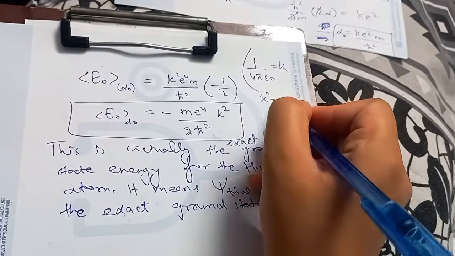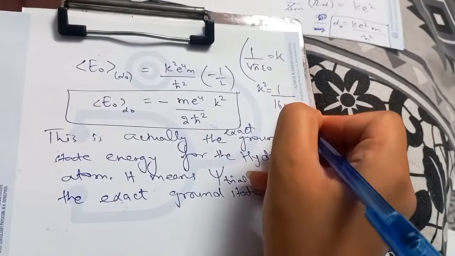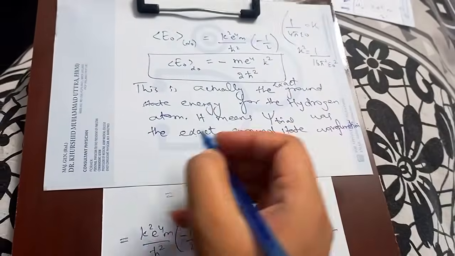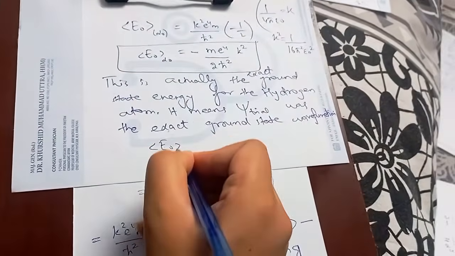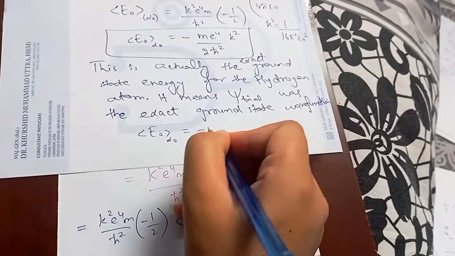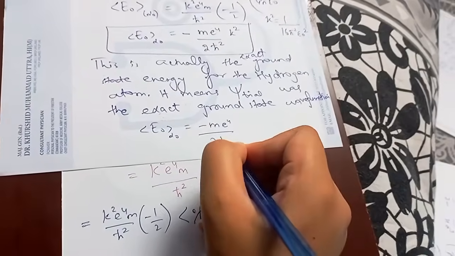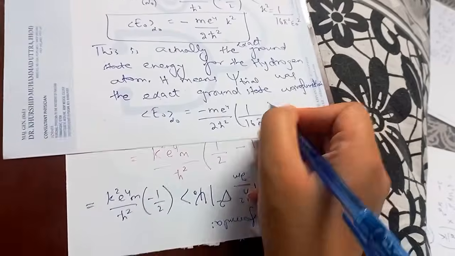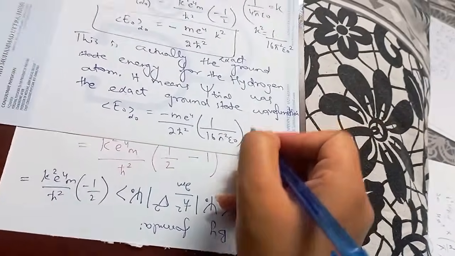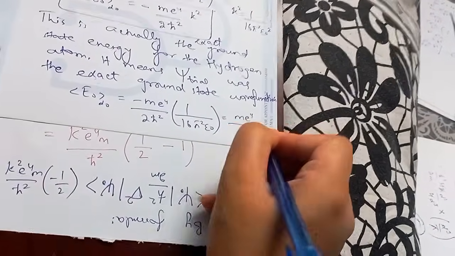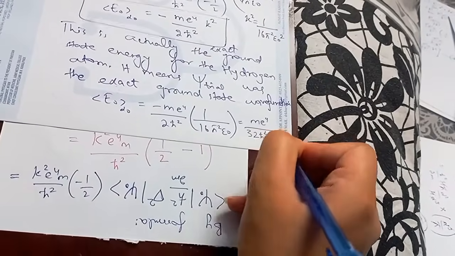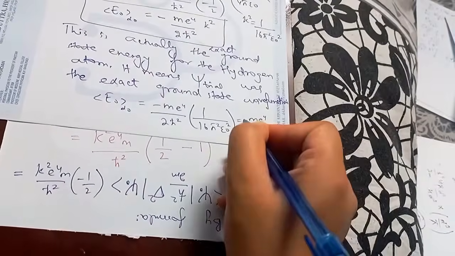So what is k squared? It will be equal to 1 over 16 pi squared epsilon naught squared. If you put the value of k² into the equation, 16 times 2 is 32, so it's minus m e⁴/(32 ħ² pi² epsilon naught squared) with a negative sign.